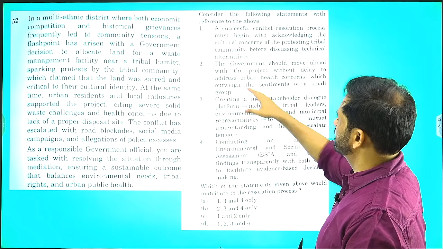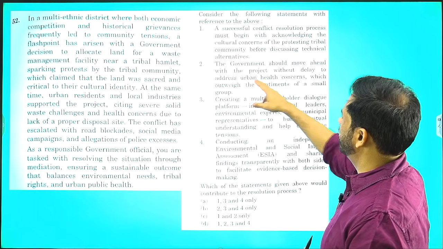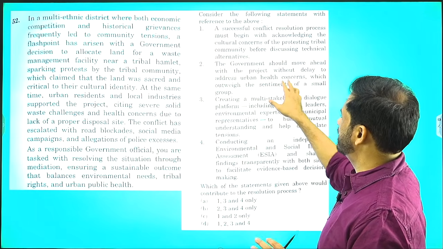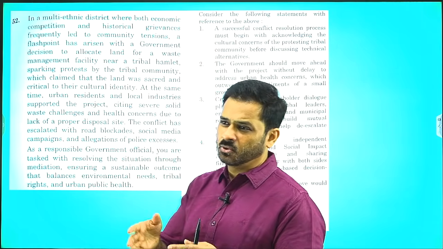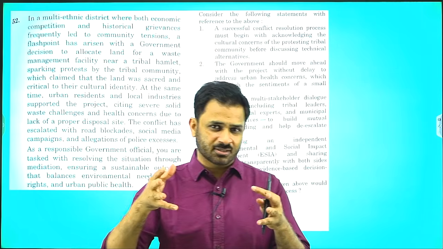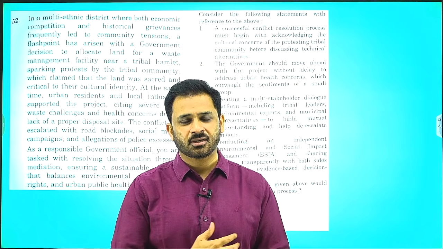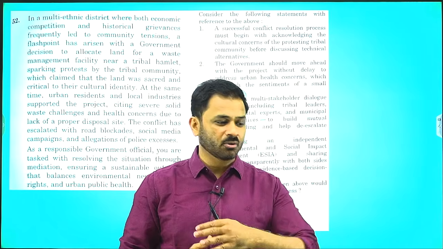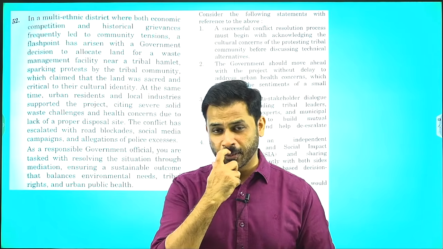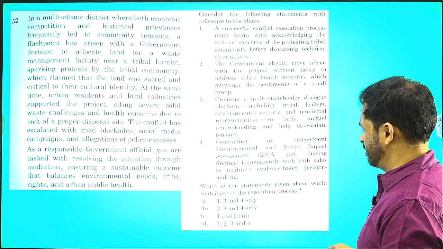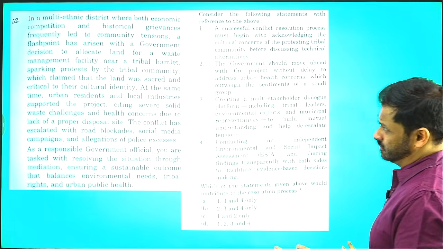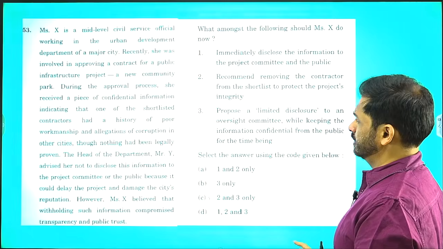If you read the second statement, the government should move ahead with the project without delay to address urban health concern which outweighs the sentiment of a small group. Even though the group is small, it has its stakes, it has its own interest. So you cannot just go ahead and bulldoze a particular group or interest altogether. So obviously the second statement was not correct. The rest three of them are correct. It was a very easy question.